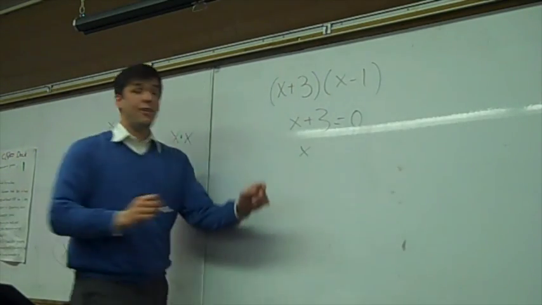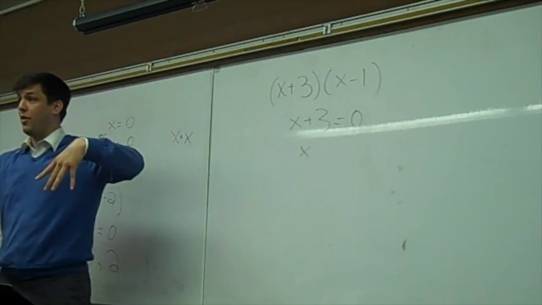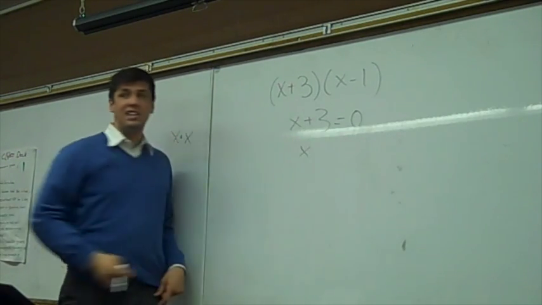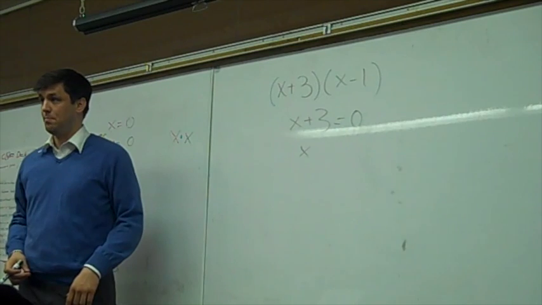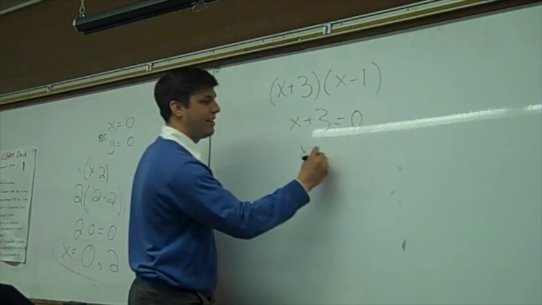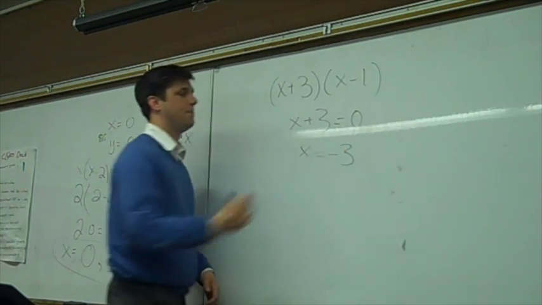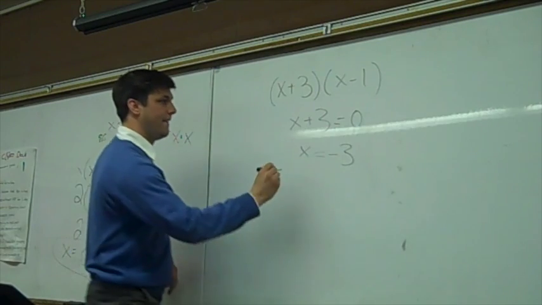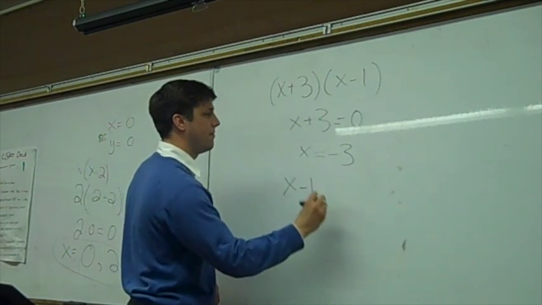Negative 3. And if you were to go the algebraic route and actually solve for this, to get the 3 to the other side, you would have to subtract 3. Subtracting 3 from both sides, you get a final answer of x equals negative 3. So how about this other parenthesis? x minus 1 equals 0.